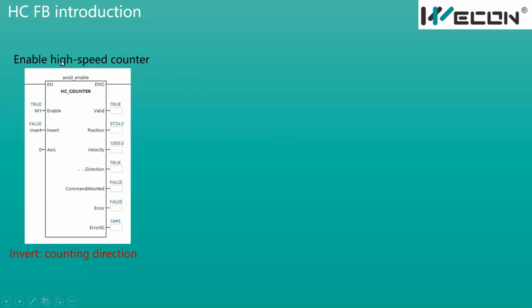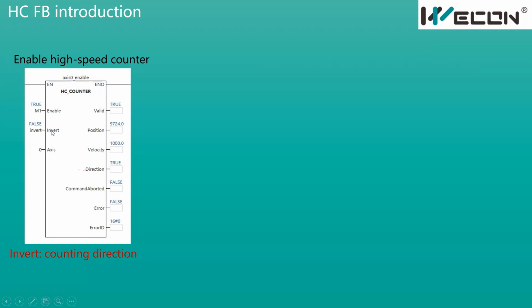Okay, here for this first function block, HC counter. This function block is used to enable our high-speed counter. And this function block only has 3 inputs: enable, invert, and axis. For axis, we need to set the same axis ID as the counting axis.